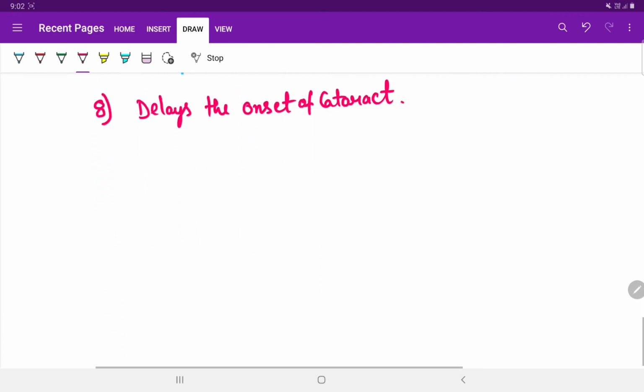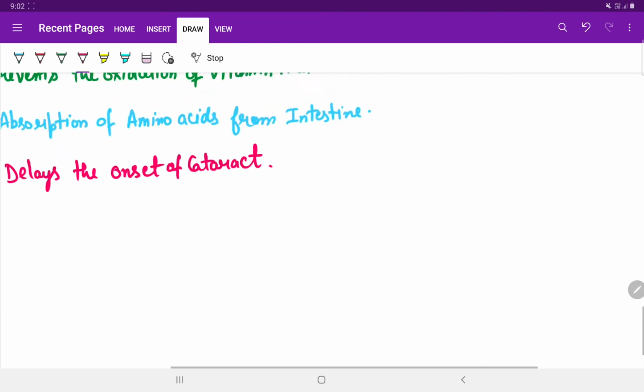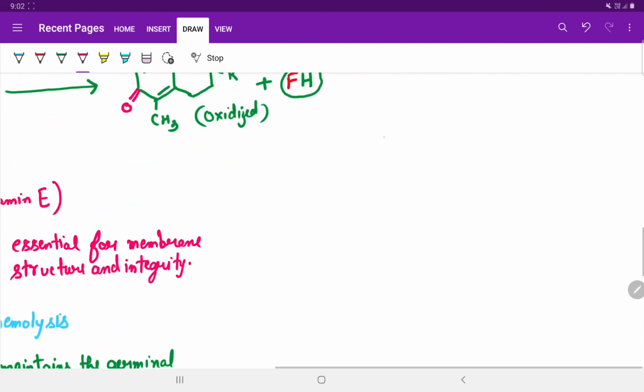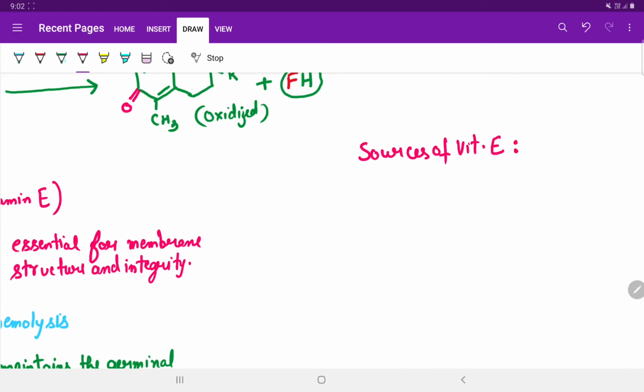So the dietary sources. Here we can see what are the various sources of vitamin E, what different kinds of eatables provide vitamin E. Number one, the vegetable oils.